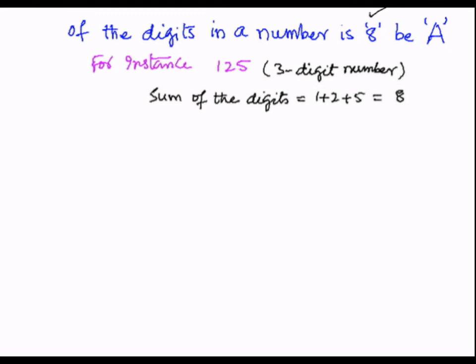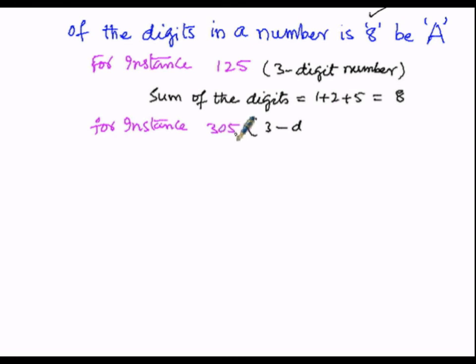Another number, for instance, is 305. 305 is also a 3-digit number. The units place is 5, the tens place is 0, the hundreds place is 3. So there are 3 digits in this particular number.